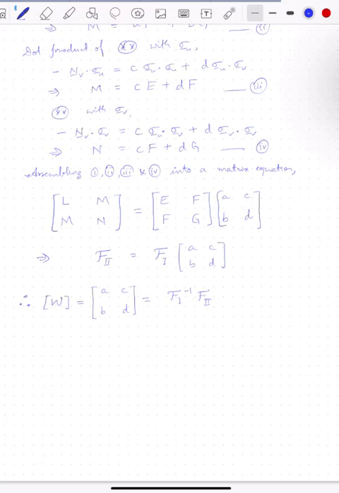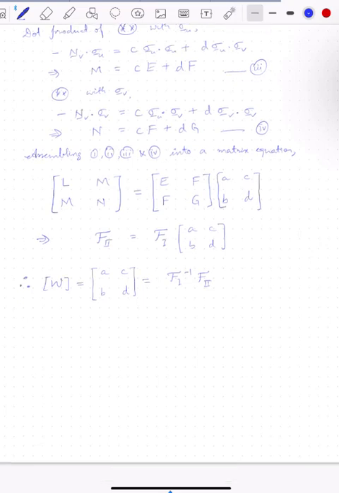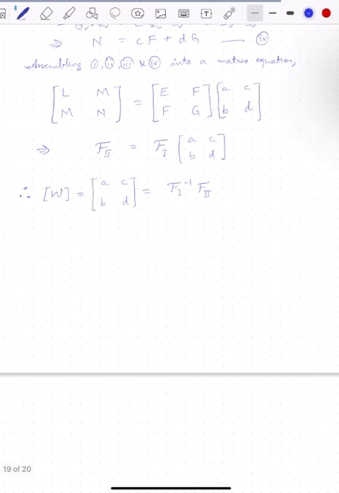So essentially, we have been able to determine all this, and we can also try to form an explicit form of it. So the inverse of F is 1 over EG minus F squared, and then we have to find the adjoint.